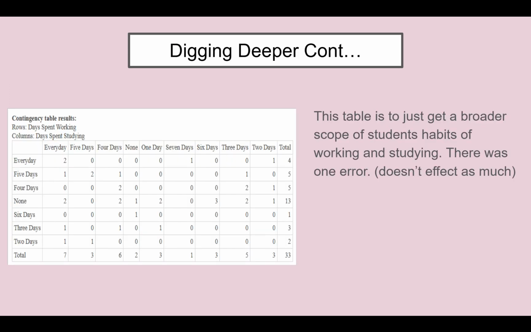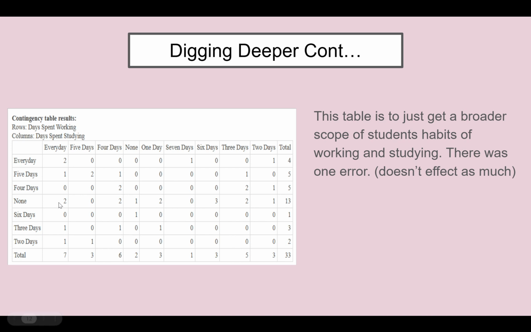So this contingency table is just to show the frequency of how many days people were working. It's just to get a broader scope of the habits. Here we see the rows are days spent working, and the columns are days spent studying. My first opinion was, if there were a lot of people not working any hours, I would think they'd be studying every day.